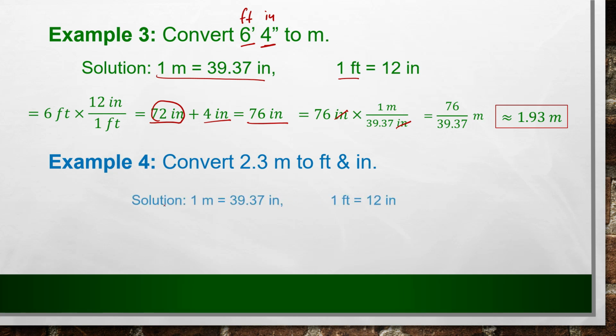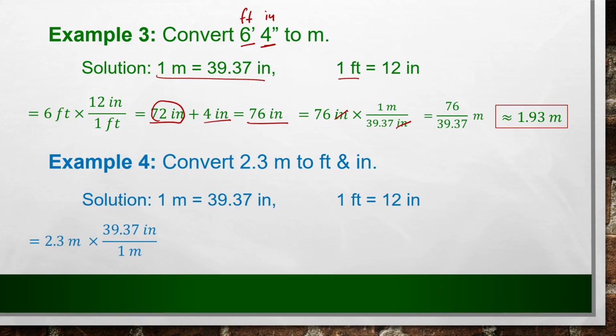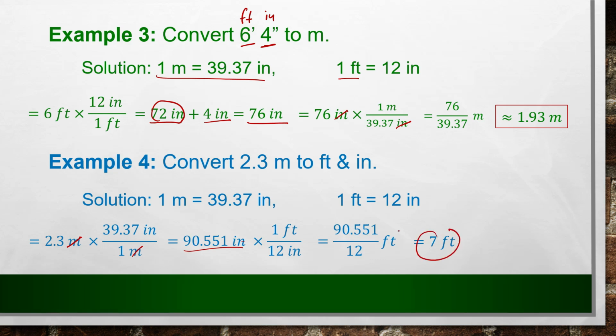To do that, let's start by converting that 2.3 into inches. So 2.3 meters times 39.37 inches, and that's going to give us this. Okay, and then we need to know how many feet there are in 90.551 inches. So to do that, let's just divide the two, and that's going to give us 7 feet. Okay, so it's not exact, by the way, so there's an excess.